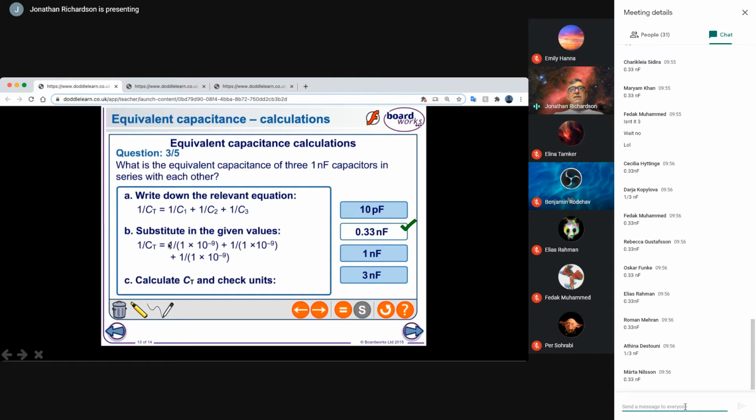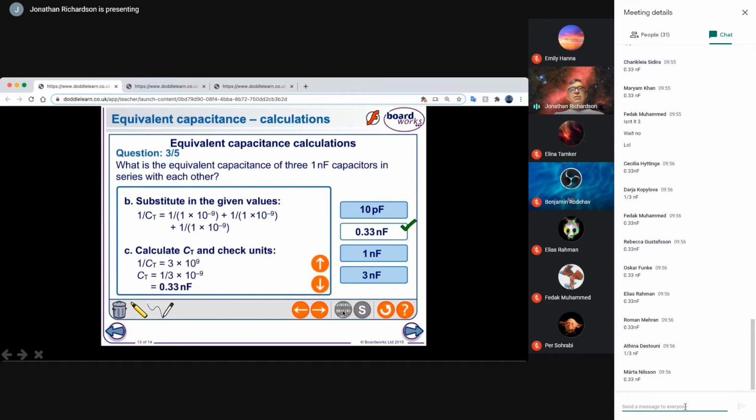Substituting your values, 1 over 1 times 10 to the minus 9 plus 1 over 1 times 10 to the minus 9, etc. means that we then get 1 over CT equals 3 times 10 to the 9. So CT is 1/3 times 10 to the minus 9, which equals 0.33 nanofarads.